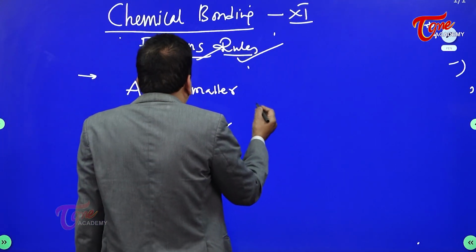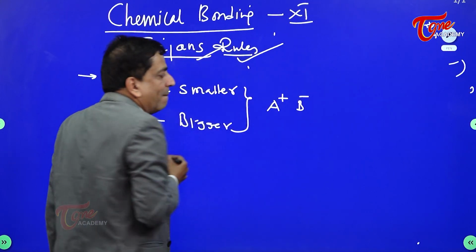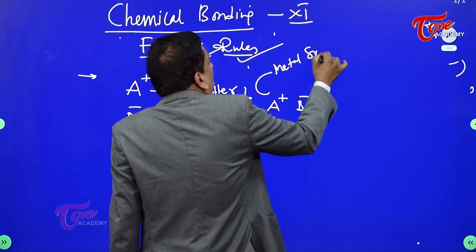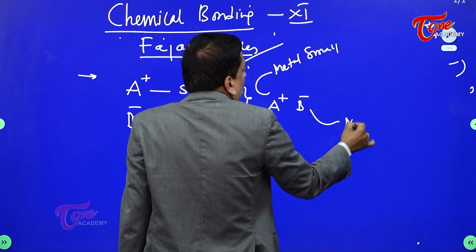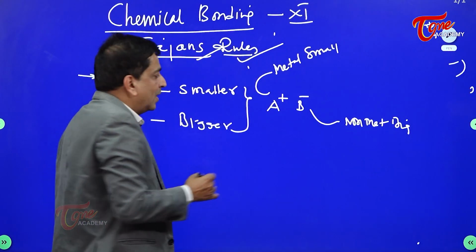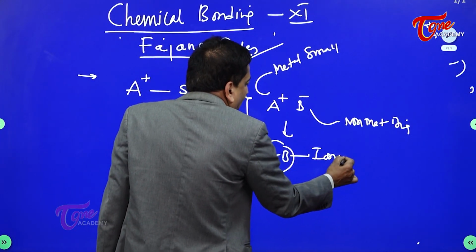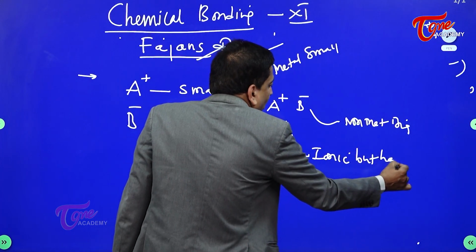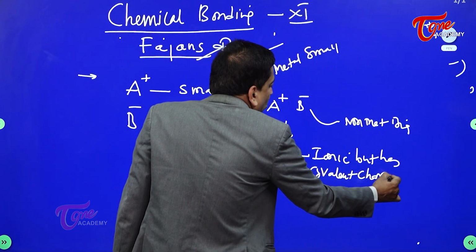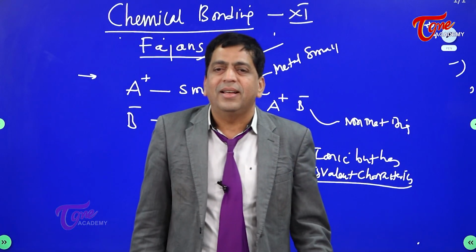And then such a combination AB, where A is a metal and small, B is a non-metal and big, such a compound AB shall of course be ionic but has covalent characteristics. You must understand. They have what? Covalent characteristics.